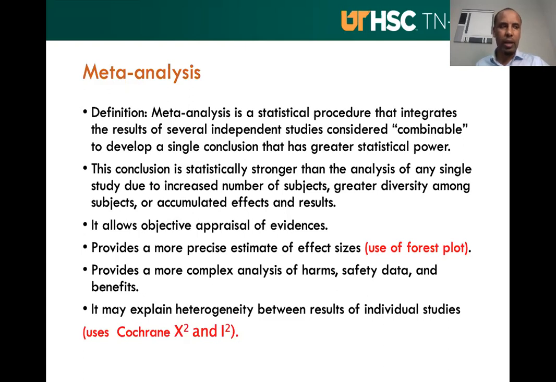We look at the 95% confidence interval, how varied the estimates are in original studies, and we estimate the heterogeneity between studies. We look at whether there is some kind of bias in the original studies. So meta-analysis and systematic review give us objective appraisal of evidence.